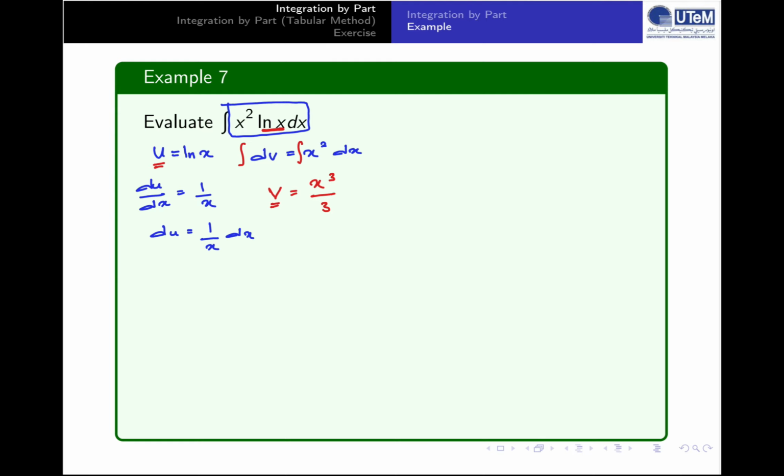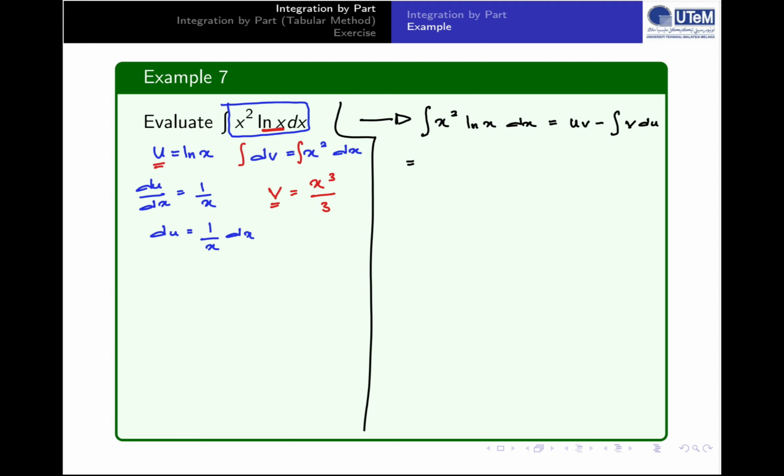Okay, so we can solve this problem. We get the integration of x squared ln x dx equal to uv minus the integration of v du.